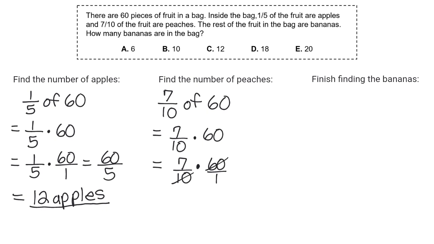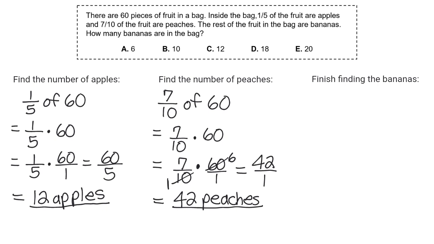So that's going to be 10 divided by 10 is 1. 60 divided by 10 is 6. And then multiplying straight across, you're going to get 7 times 6, which is 42 over 1. And 42 over 1 is 42 peaches. So it looks like there's 42 peaches in the bag.